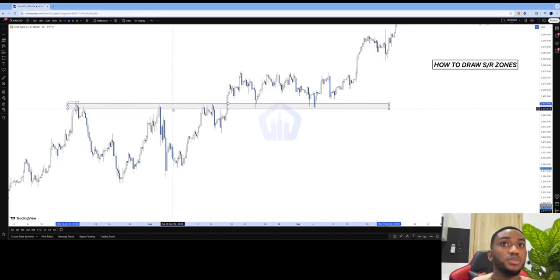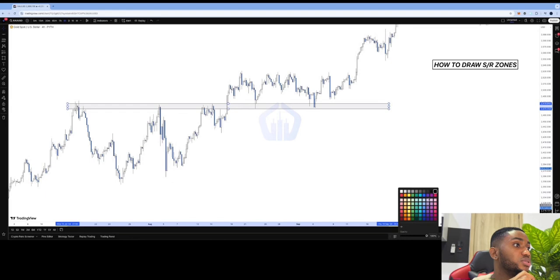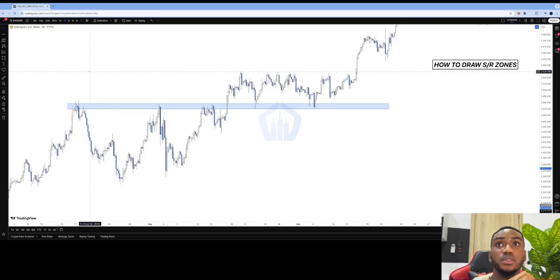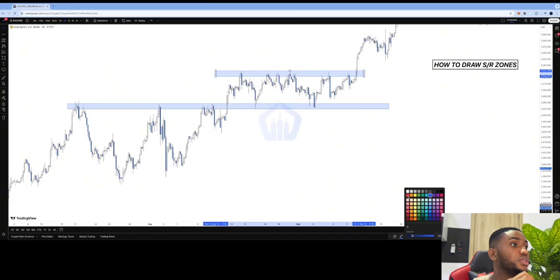I'm going to indicate these zones. Let's say the support I'm going to make it bluish, and the resistance zone, I'm going to make it red. Let's turn this to red.